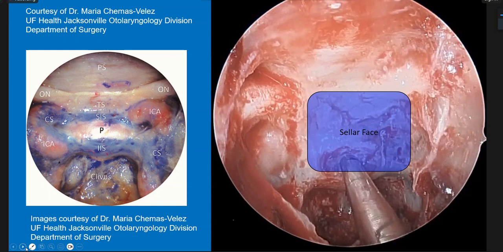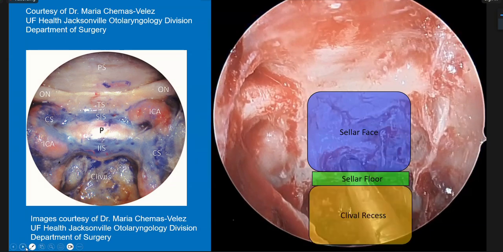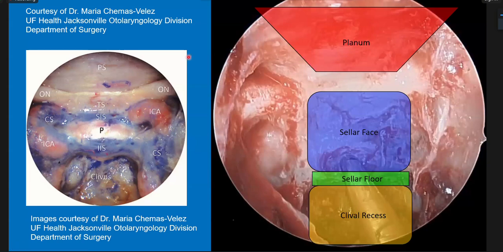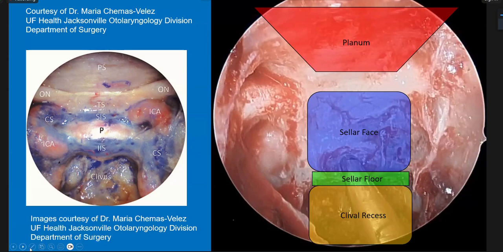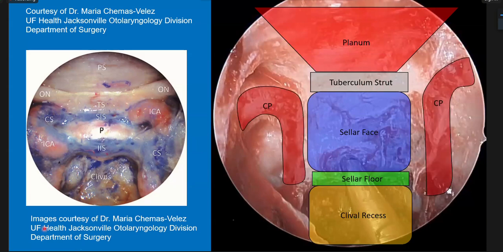So that's the sellar face, that's the sellar floor, clival recess, the planum. Again, a tuberculum strut corresponding to that view, and you have the carotid protuberances.